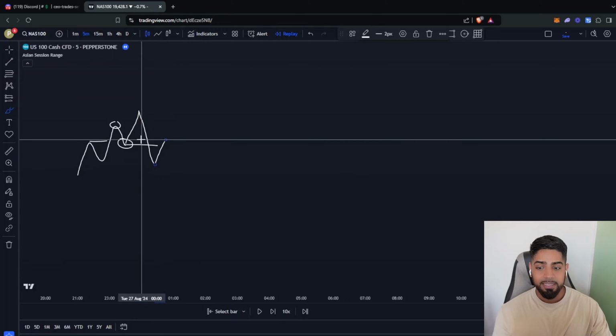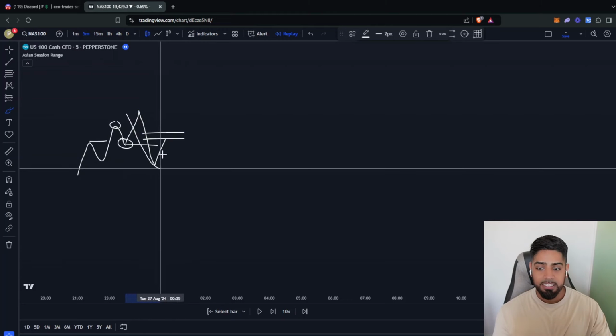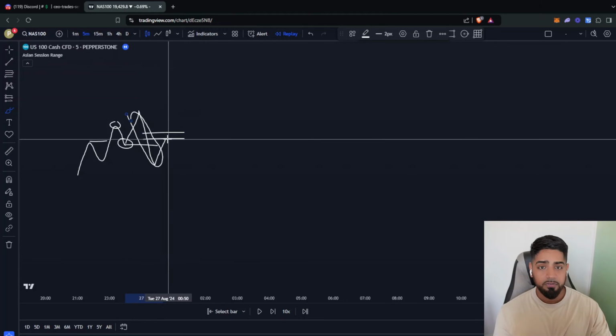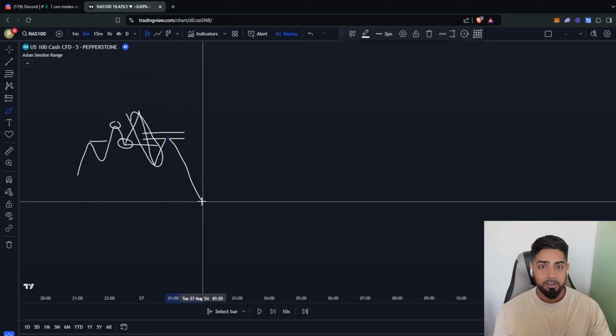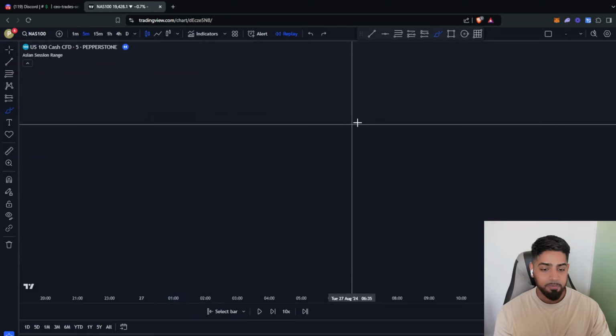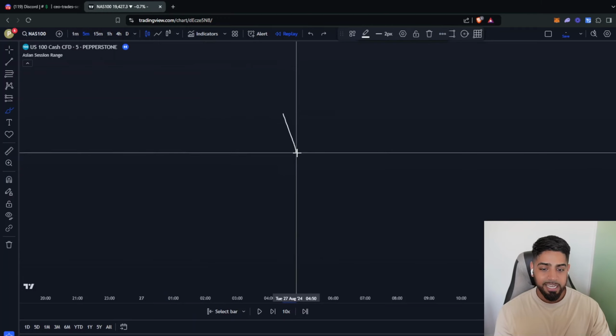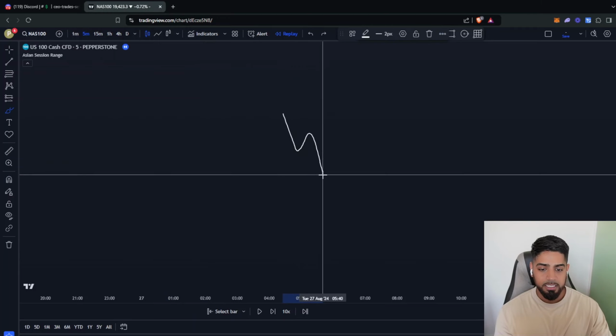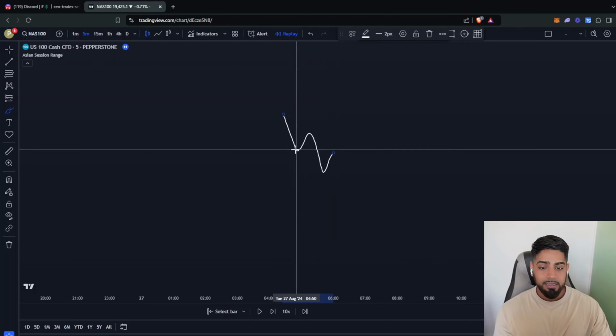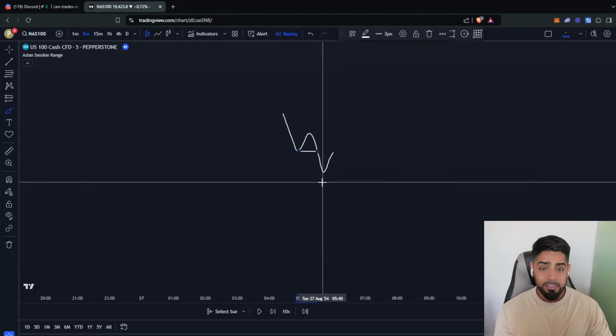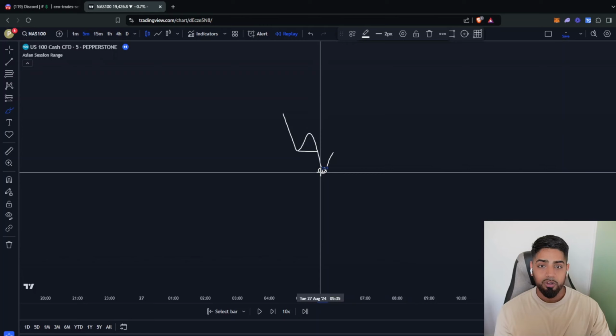Once we've got that, we can then take an entry upon this leg that gave us the market structure shift, and then we're just going to ride it down into its corresponding trend. Now on the flip side, if we're looking at this from a bearish market perspective, we're going to see a series of lower lows, lower highs, lower lows and lower highs. This means we're breaking the previous lower low and creating brand new lower lows. This means we are in a bearish market.